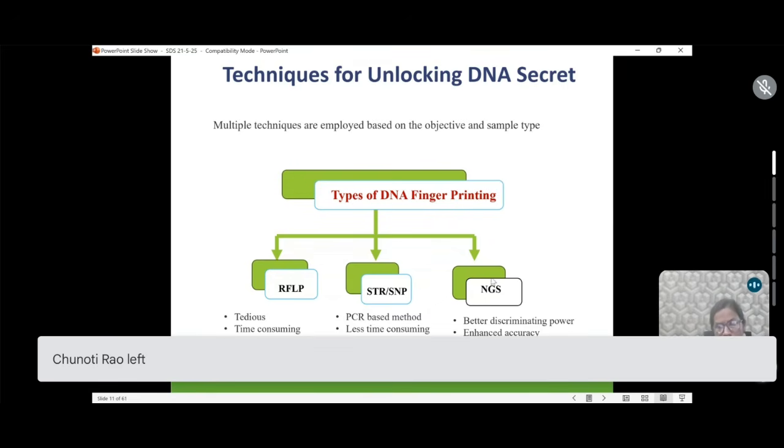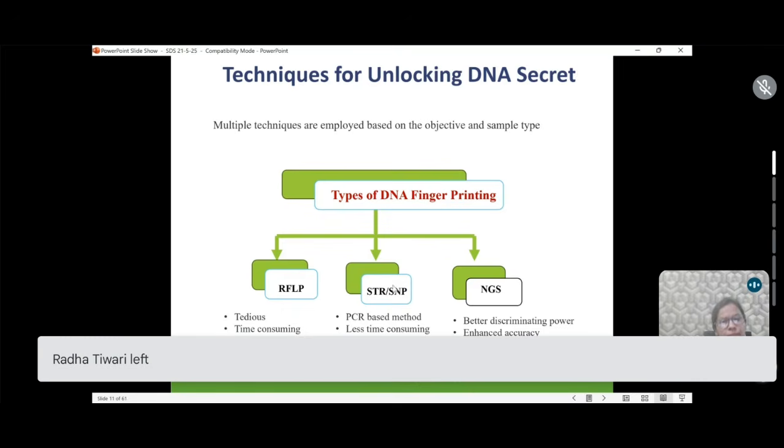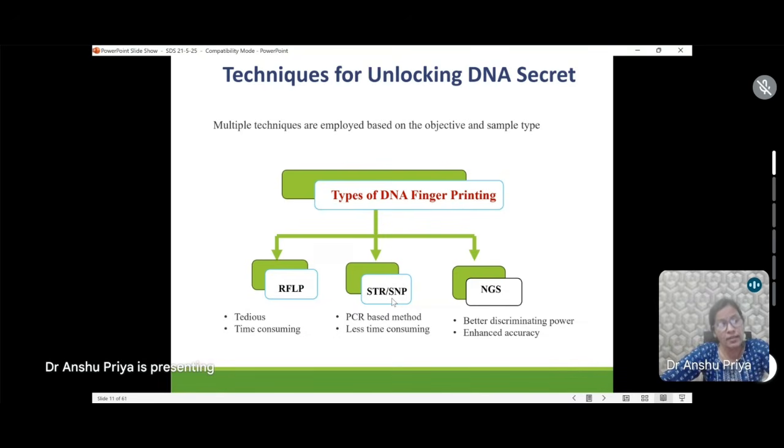And the last one is NGS. This has a high discriminating power and enhanced accuracy. But I will talk about the STR and SNP. This is the gold standard method that is used in every lab for DNA fingerprinting. It is a PCR-based method, and this method came into existence after the discovery of PCR. The advantage of this method is that we can amplify the DNA even from a small amount of sample.